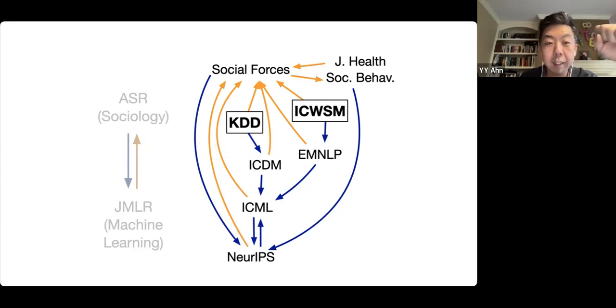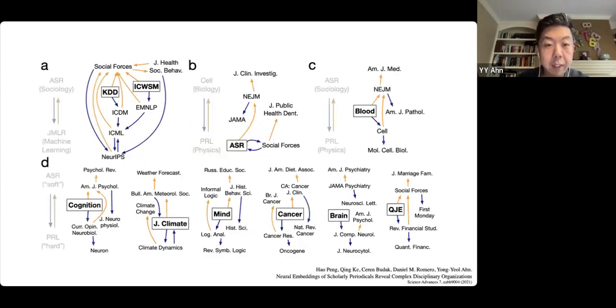And then you get EMNLP, ICDM, ICML, and NeurIPS, which makes sense. And then you can add sociology while removing machine learning to get Social Forces, which is one of the famous sociology journals.